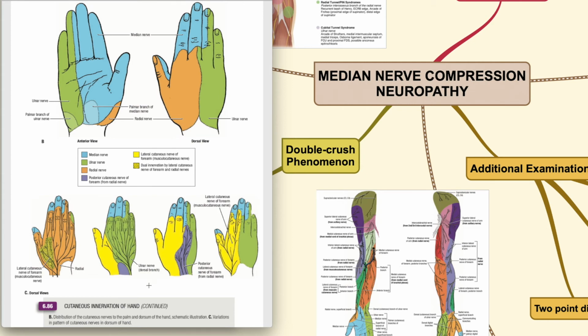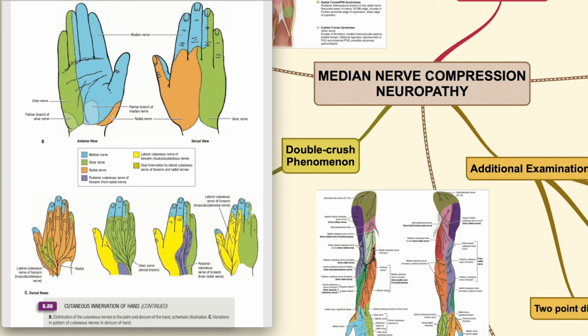As you can see here, sometimes the whole dorsal aspect of the thumb and these two fingers at the hand region does not come from the radial nerve. Instead, they come from this yellow region here, which is the lateral cutaneous nerve of the forearm, a branch of the musculocutaneous nerve. Sometimes even the whole dorsal aspect could come from the radial nerve instead of half of it coming from the ulnar nerve. And this is very important.